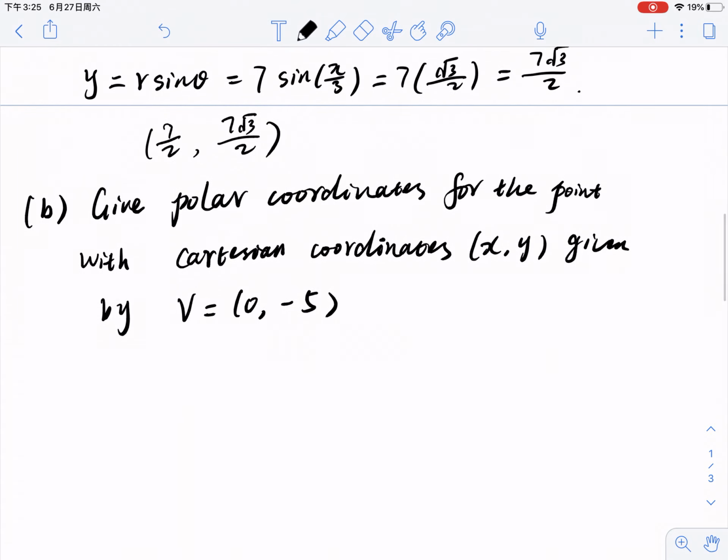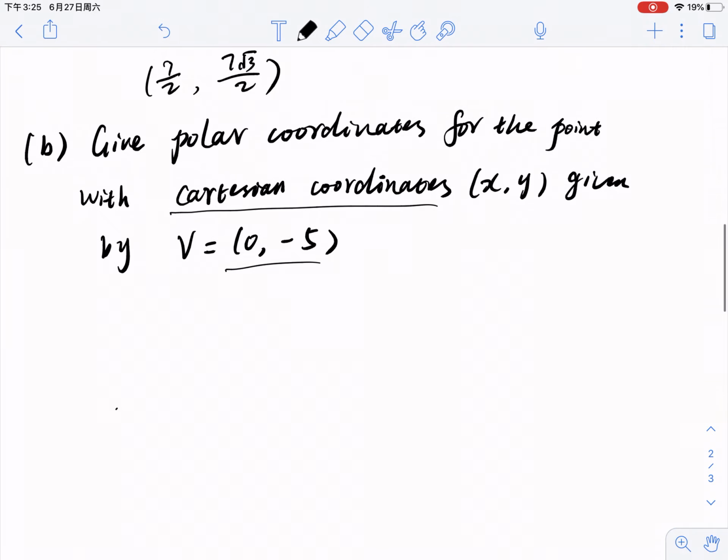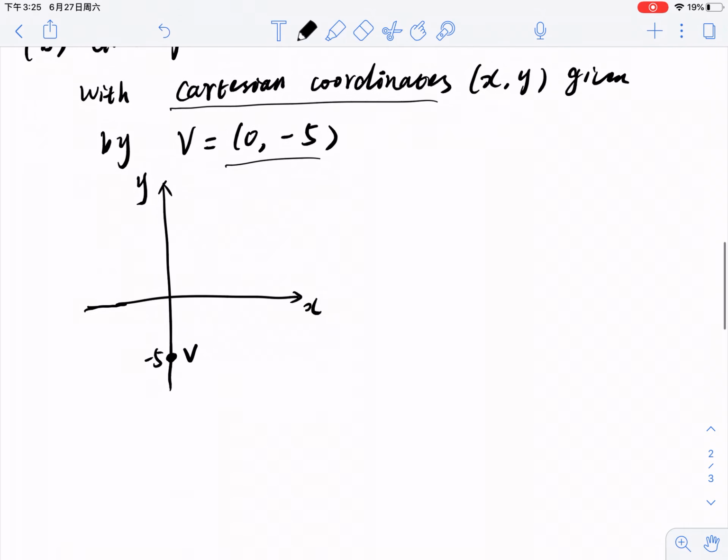So we are given the Cartesian coordinates 0, -5. In the xy plane, we can find the point V. The x coordinate is 0, the y coordinate is -5. So we see the point V falls on the negative y-axis.